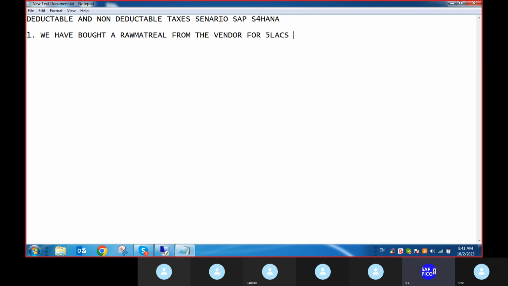Okay, so the second point here is: GST taxes are imposed on the materials. You can just write down this full sentence.